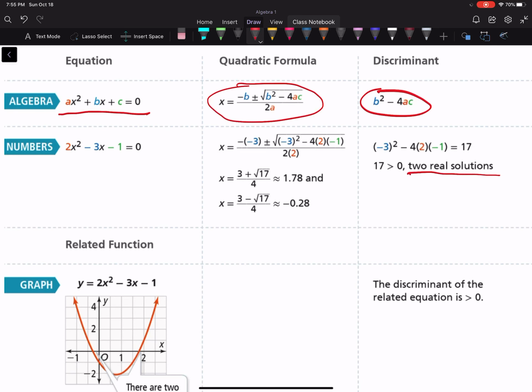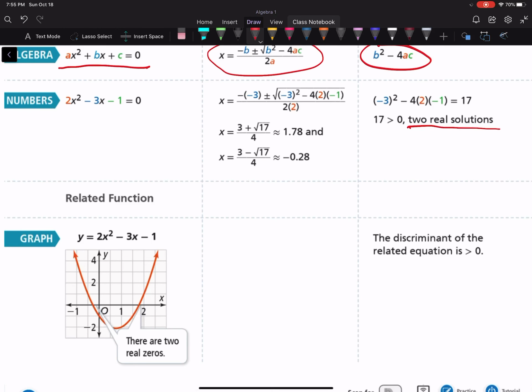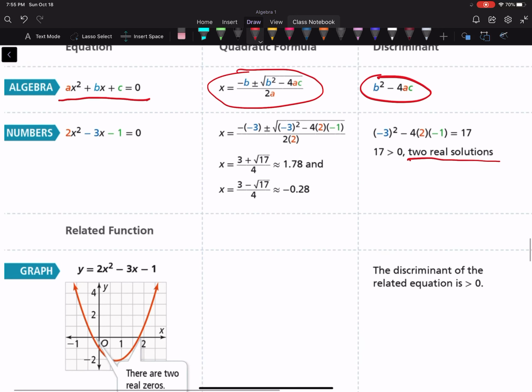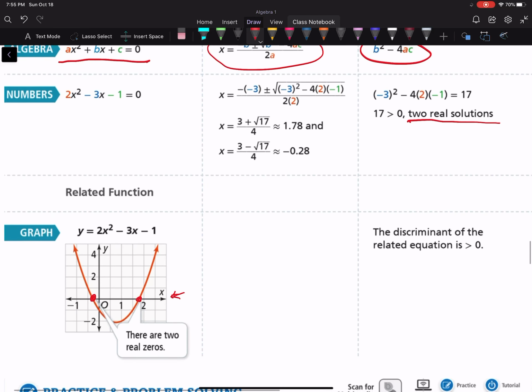If it's negative, you have no real solutions, and if it is 0, you have 1 real solution. Okay, again, same type function down here. If it has a negative discriminant, it is not going to be crossing the x-axis like it is here. Okay, this one crosses twice, therefore it had 2 real solutions.